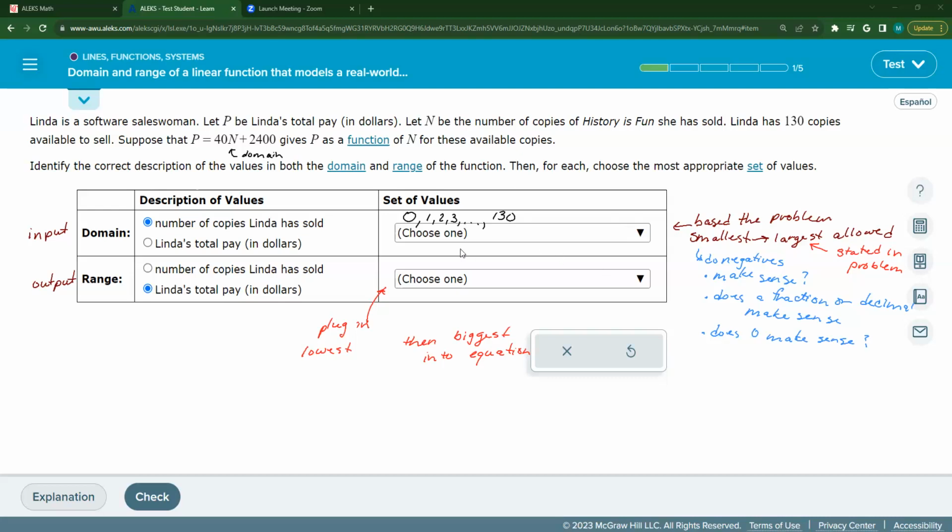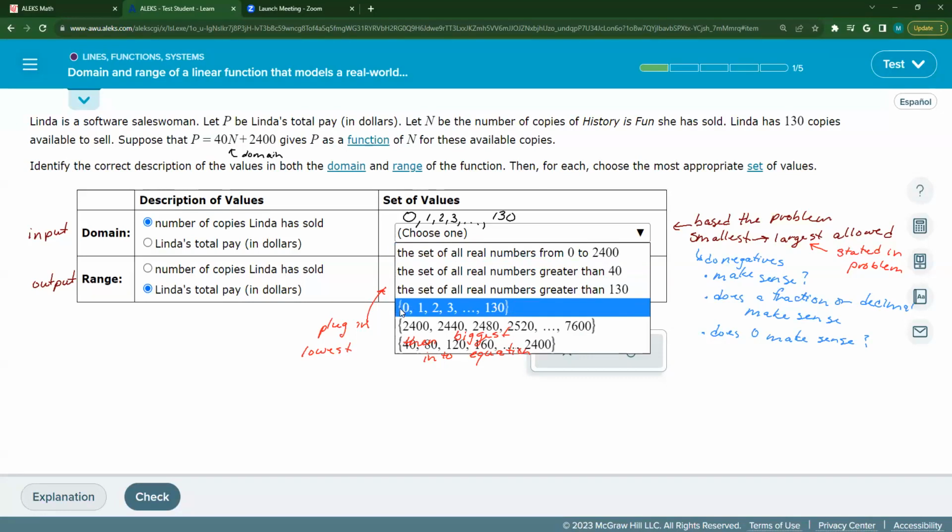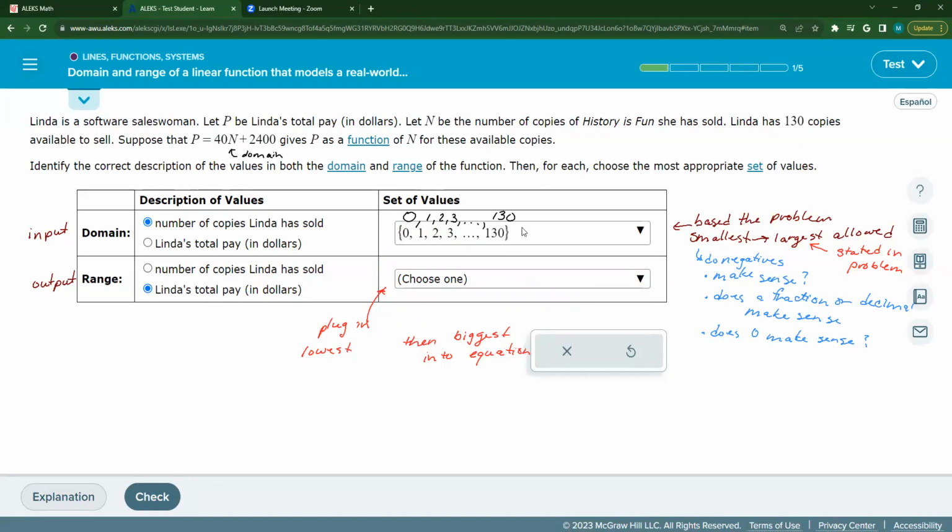And if I look here, it's not the set of all numbers starting from 0, but it's listing all of them here. So it's going to be that choice. And now I have to plug it in for the range. So this is the one that I have to do the calculations with. I'm going to plug in 0.